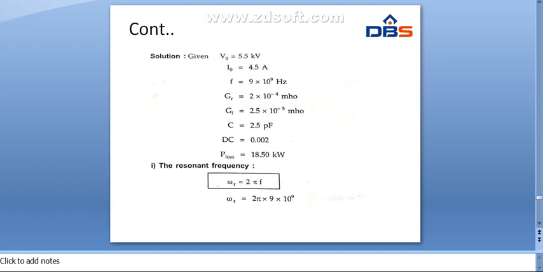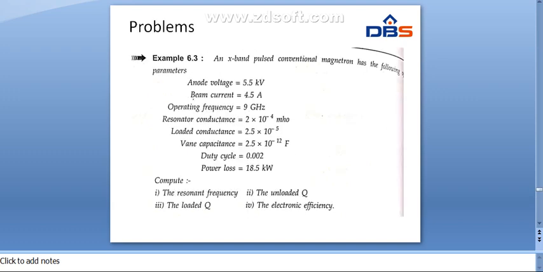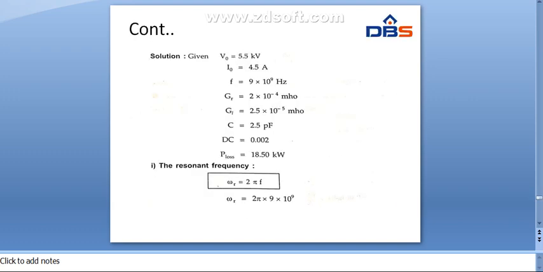So V0 is 5.5 kilovolts, I0 is the beam current 4.5 amperes, and the frequency is 9 gigahertz.